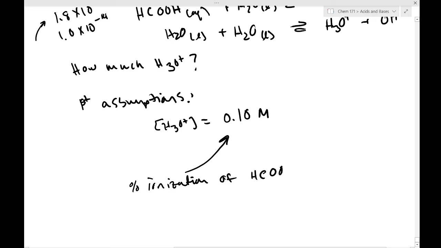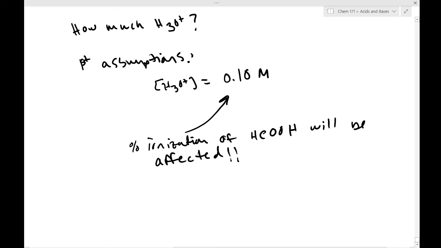At high concentrations, remember that percent ionization went down for these species.